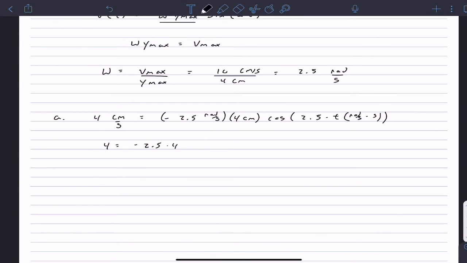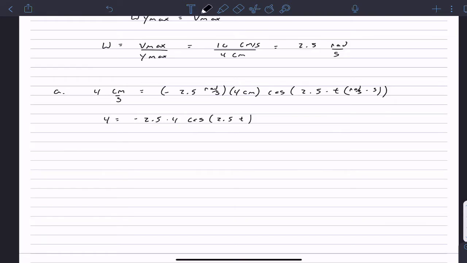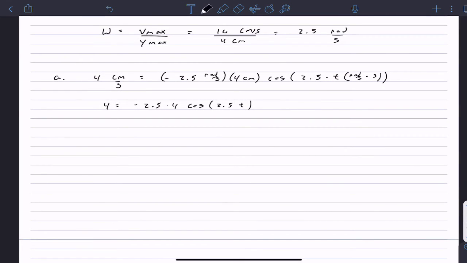I put all my units in here, and this is just a simple version so that we can solve. We have a 4 over here and a 4 over here, so we have 1 over 2.5, and this is going to be arc cosine. Then we also have 1 over 2.5 here. That's going to equal t, I think.